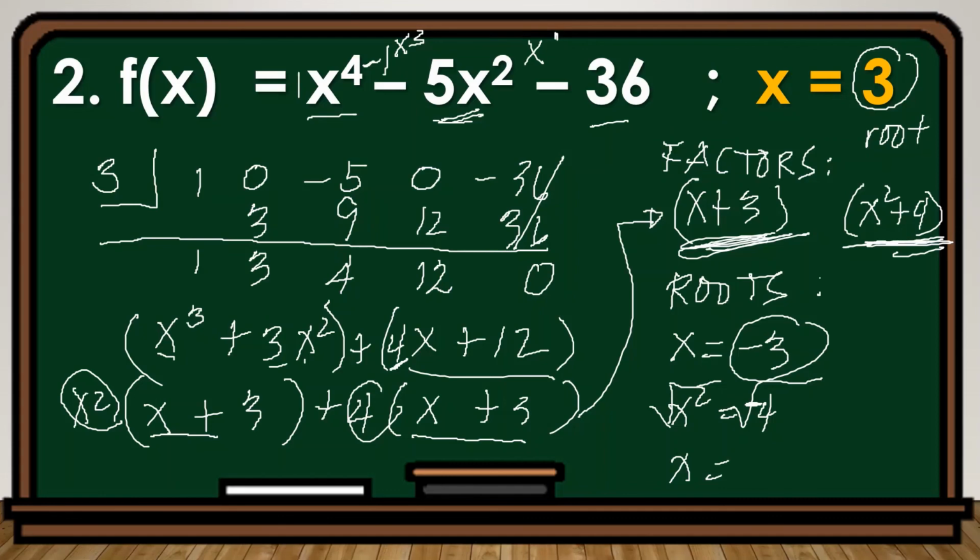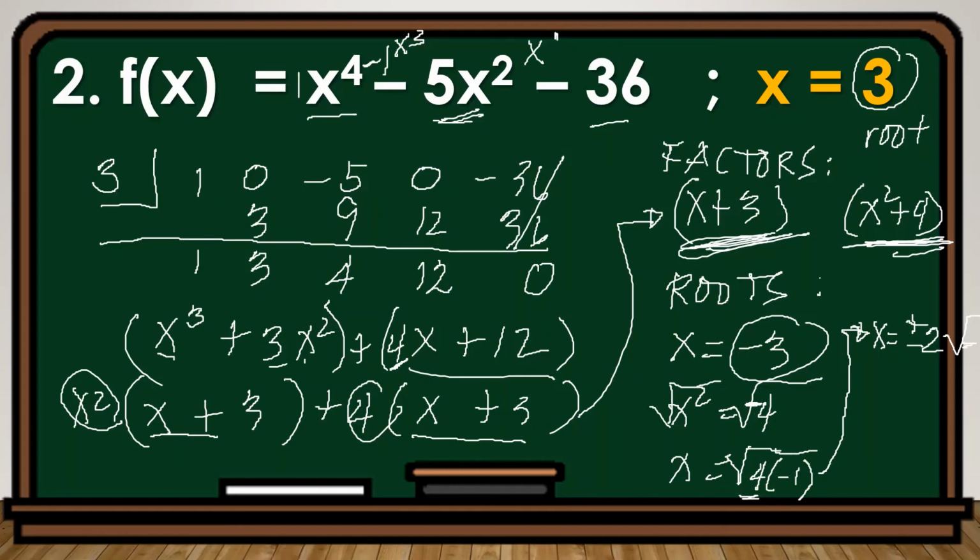Based on what you've learned before, negative 4 is the same as 4 times negative 1. So there is a square root now for 4, which is positive and negative 2. Continuing this will give us x is equal to plus or minus 2, and we still have the square root of negative 1.